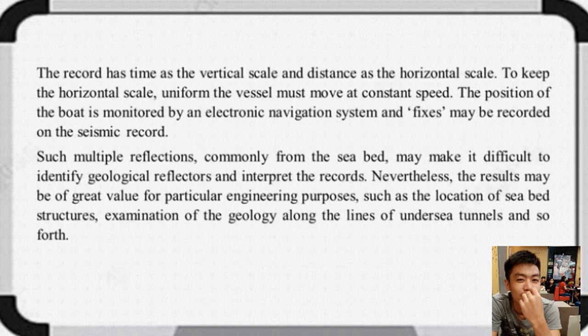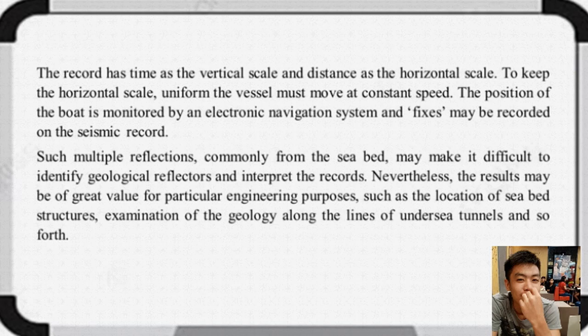The record has time as the vertical scale and distance as the horizontal scale. To keep the horizontal scale uniform, the vessel must move at constant speed. The position of the vessel is monitored by an electronic navigation system, and fixes will be recorded on the seismic record.